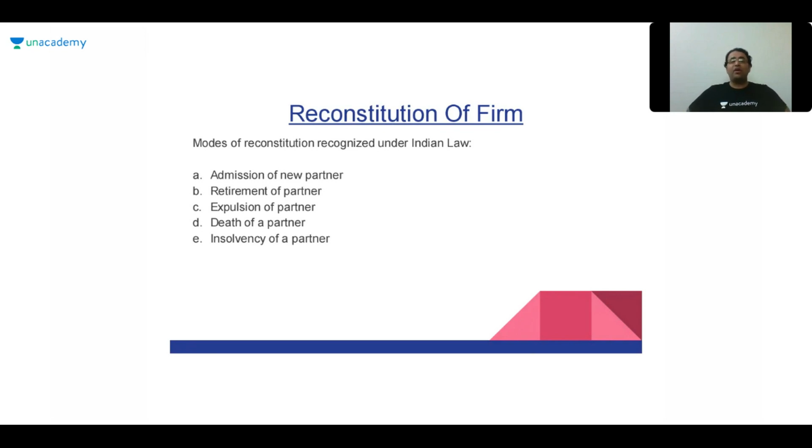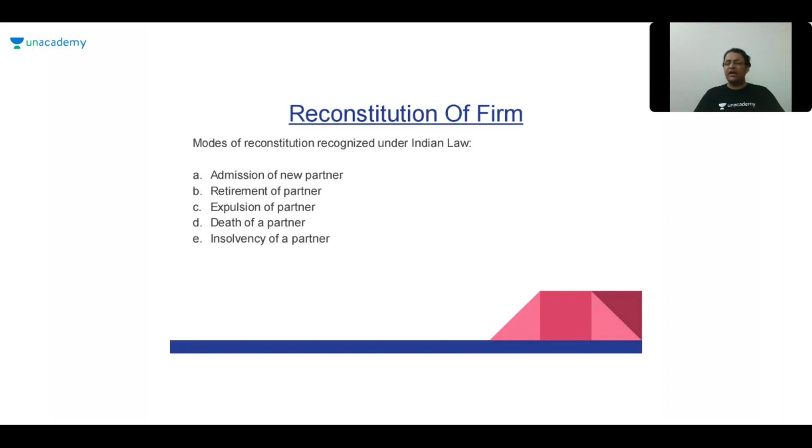Retirement of a partner. What do you mean by retirement of a partner? A, B, C, D were partners in a firm, and D, due to ill health and old age, finally decided to take rest, and he said, okay, I'm retiring from the firm. So earlier the profit sharing ratio between all the partners was 25, 25, 25, 25, and D decided to retire.